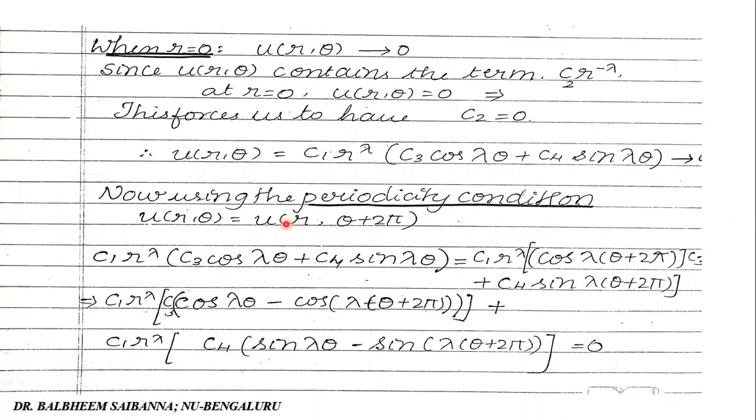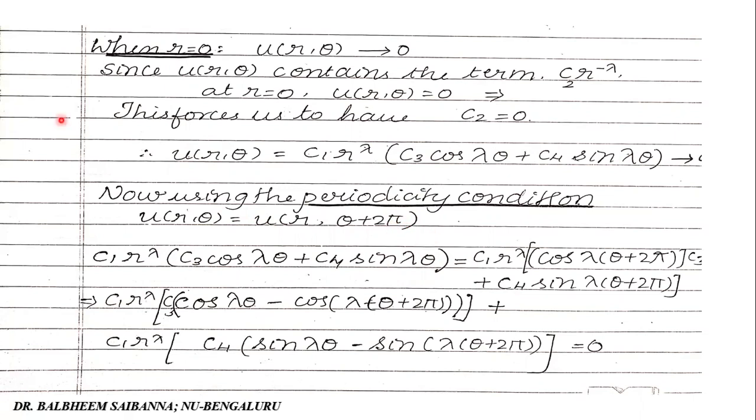Now using the periodicity condition, u of r comma theta is equal to u of r comma theta plus 2 pi. Here u of r comma theta is C1 r to the power of lambda, C3 cos lambda theta plus C4 sin lambda theta. Then for u of r comma theta plus 2 pi, wherever theta is there, just write theta plus 2 pi.